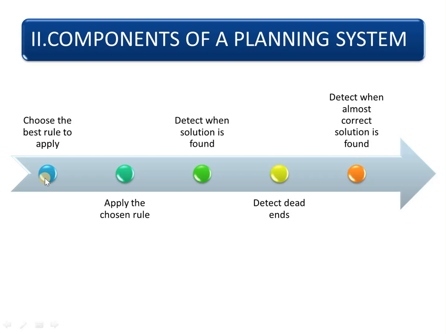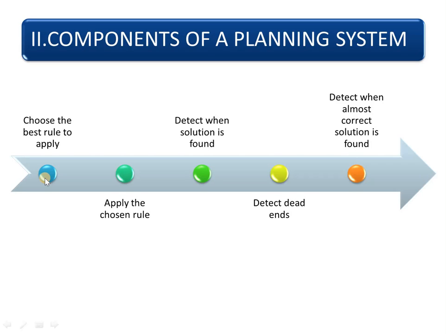So this is the method of selecting appropriate rules from the list of rules. So the method is that you have to pick or select any one from the list, but if there are more than one rules having the same priority, what will we do? Which rule is to be selected? In such cases, we will go for a heuristic function, and we will select the rule which has the most favorable value for the heuristic function.